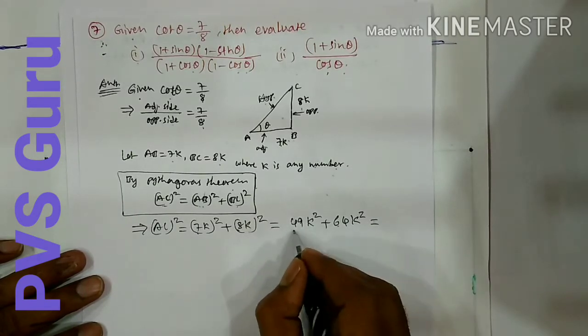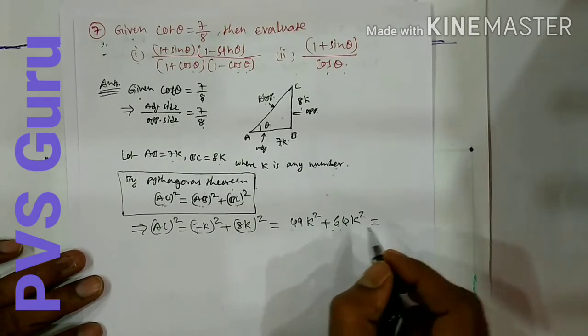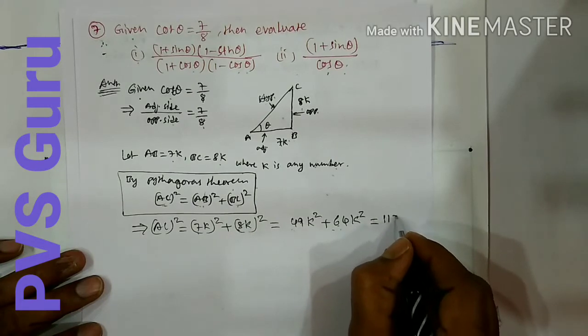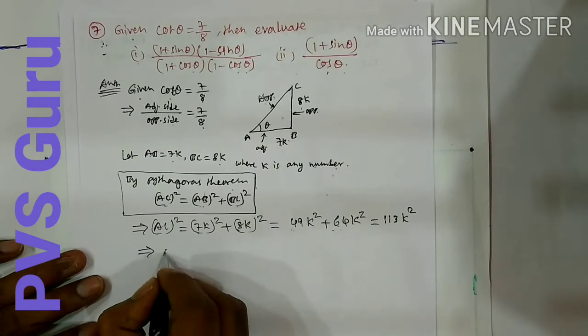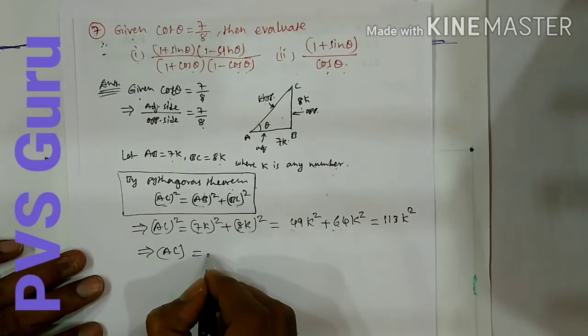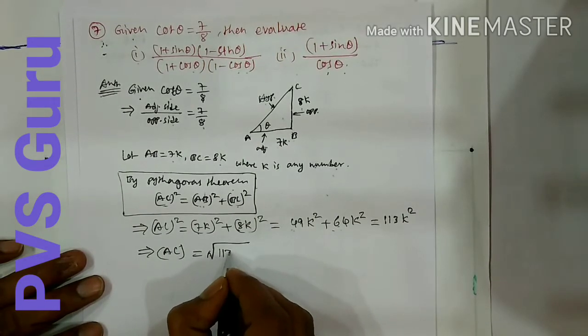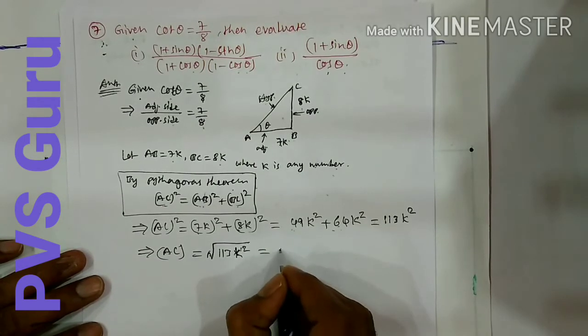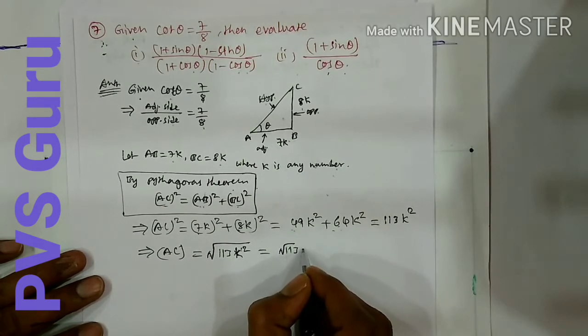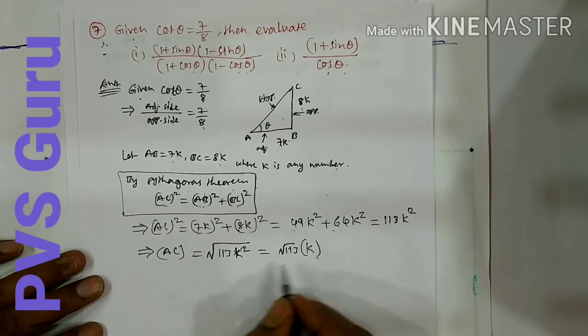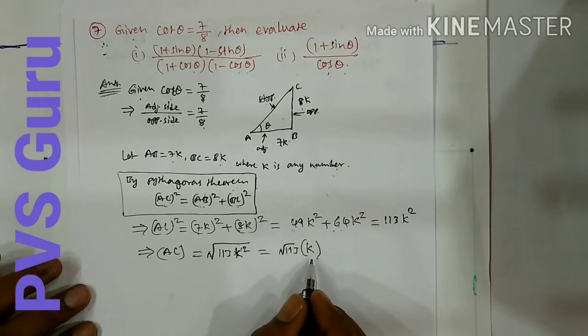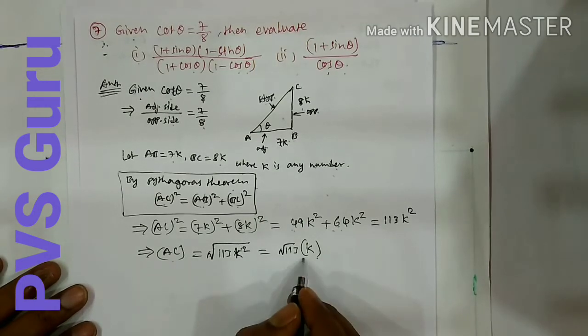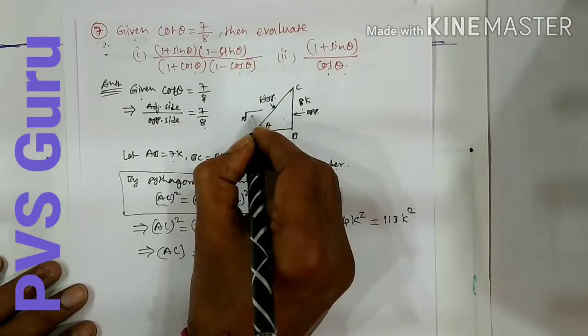So 49 plus 64 is 113K square. Therefore AC is equal to under root of 113K square, which is root 113 into K. Square and root cancel. This is the hypotenuse value, root 113K.